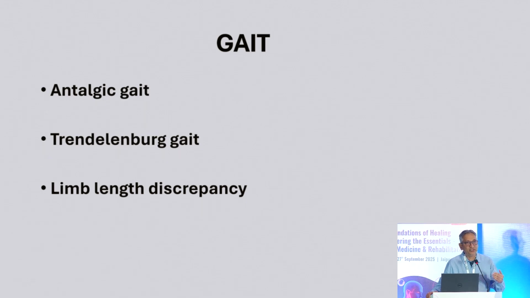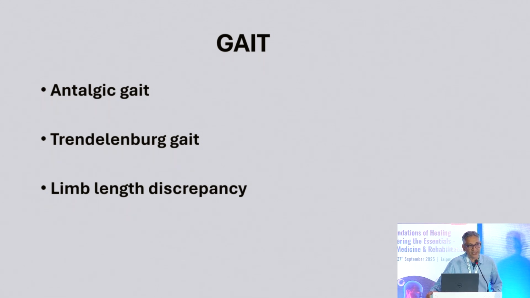Then you can start with the gait, or the gait you can do at the end of the exam. Actually it is better to do the gait earlier, so you can pick up certain things. When the patient walks, you can look at what type of gait he is having. There are different types of gait like antalgic gait, Trendelenburg gait, then limping due to limb length discrepancy.